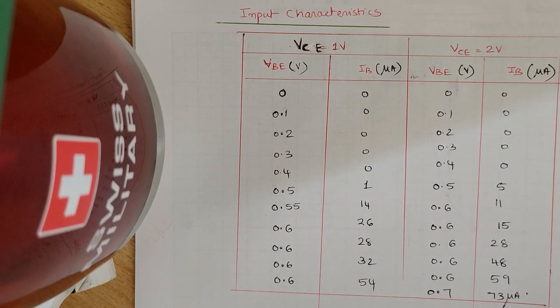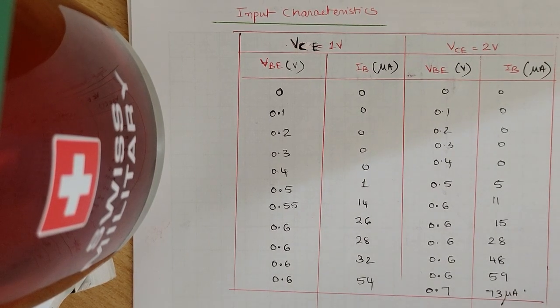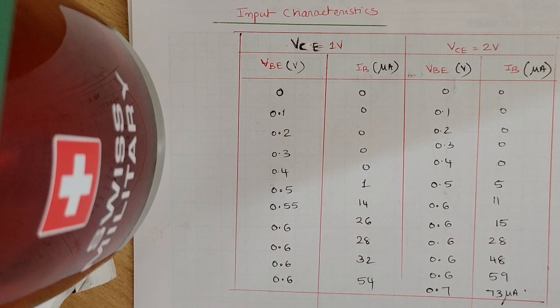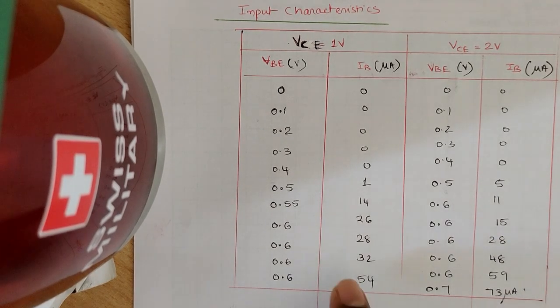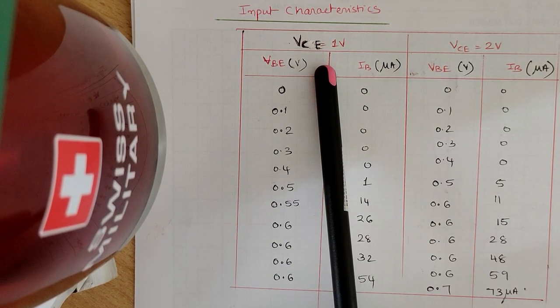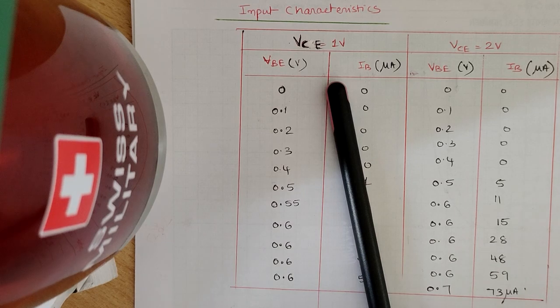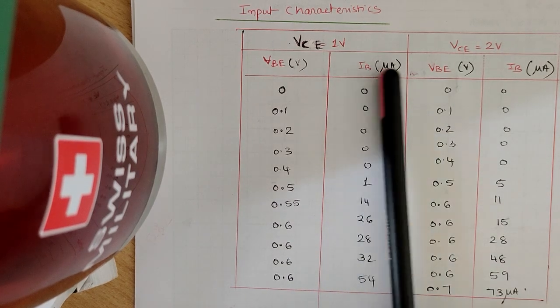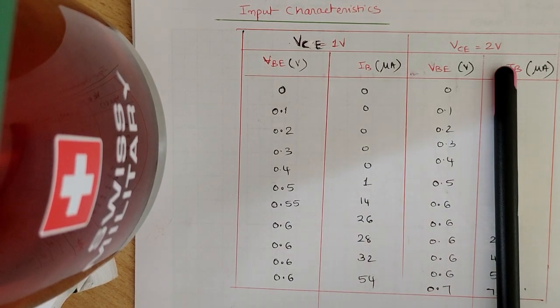These readings have been picked from the experiment which was conducted earlier. The input characteristics were taken for two output voltages, VCE equal to 1 volt and VCE equal to 2 volts.